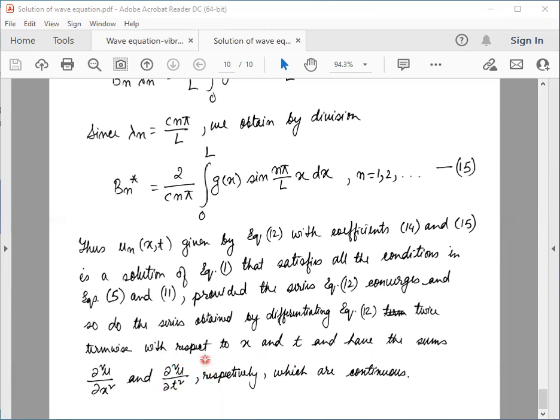And these two series also should converge and they should be continuous.